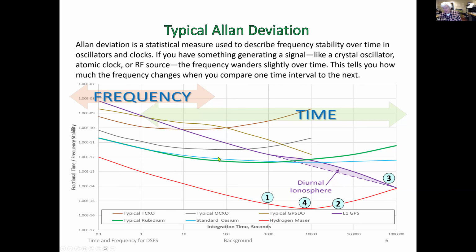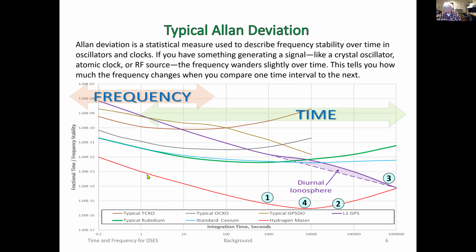Anyway, a GPS disciplined oscillator will get better and better and then start getting worse, but as it gets close to the purple line, will then start going down and following the purple line down. And the curve that it follows depends on which kind of oscillator you started with. So GPS disciplined oscillators are very commonly used in situations like we have, but we're not going to do that.